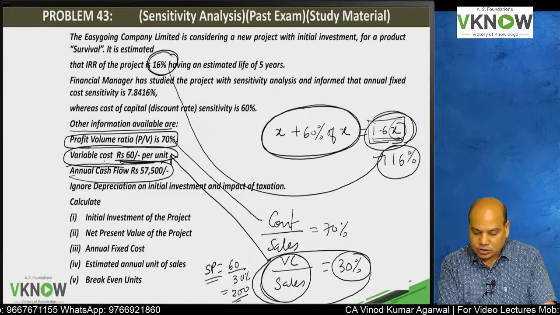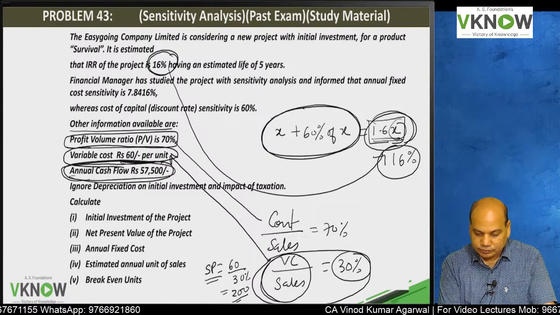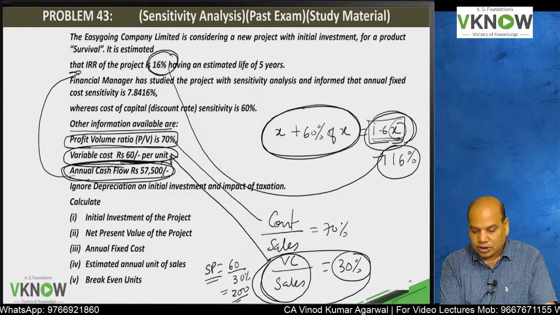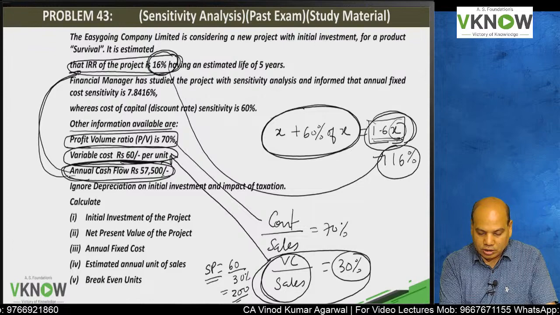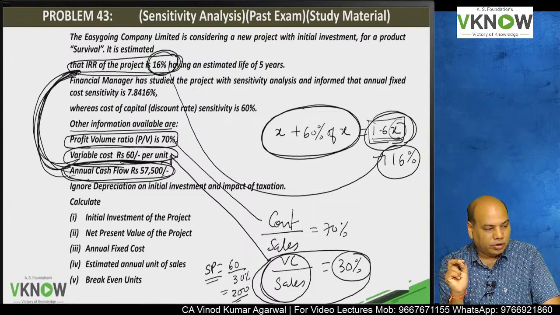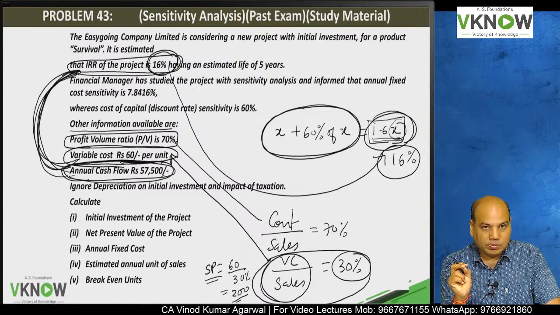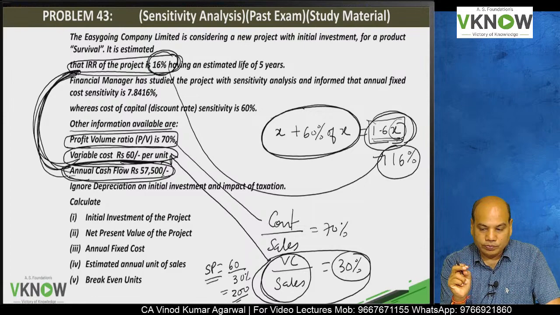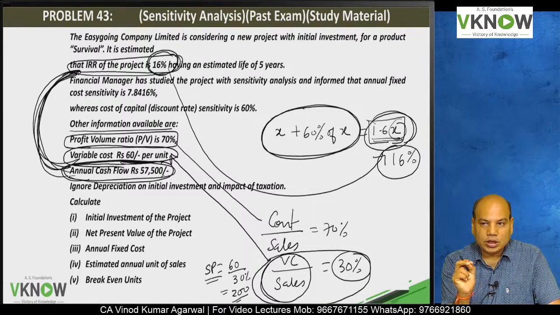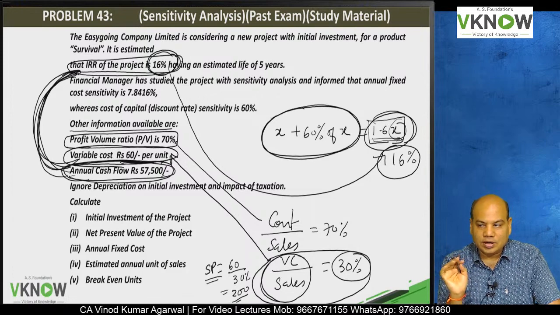Annual cash inflow is 57,500. If annual cash flow is discounted at the IRR of 16%, that will give me the PV of cash inflow. But PV of cash inflow is equal to PV of cash outflow if the discount rate is IRR.